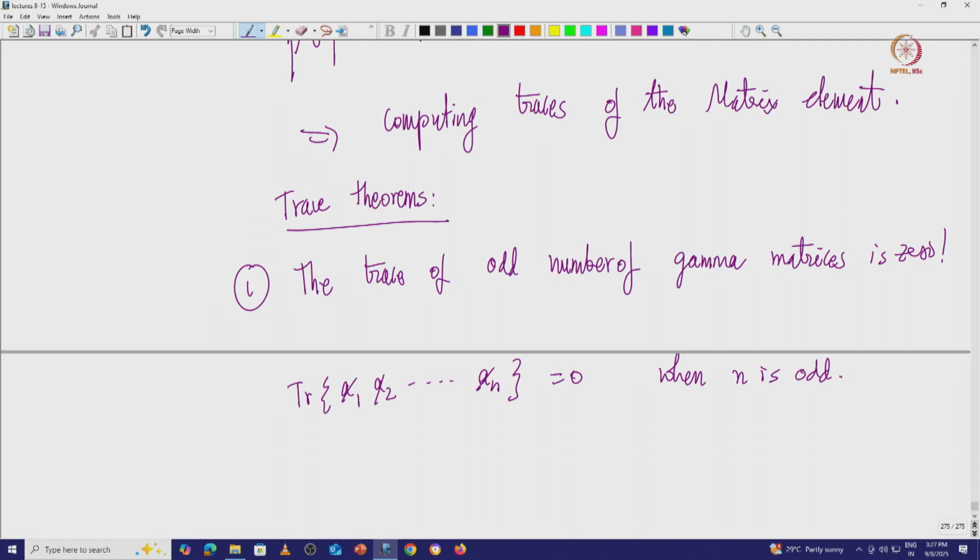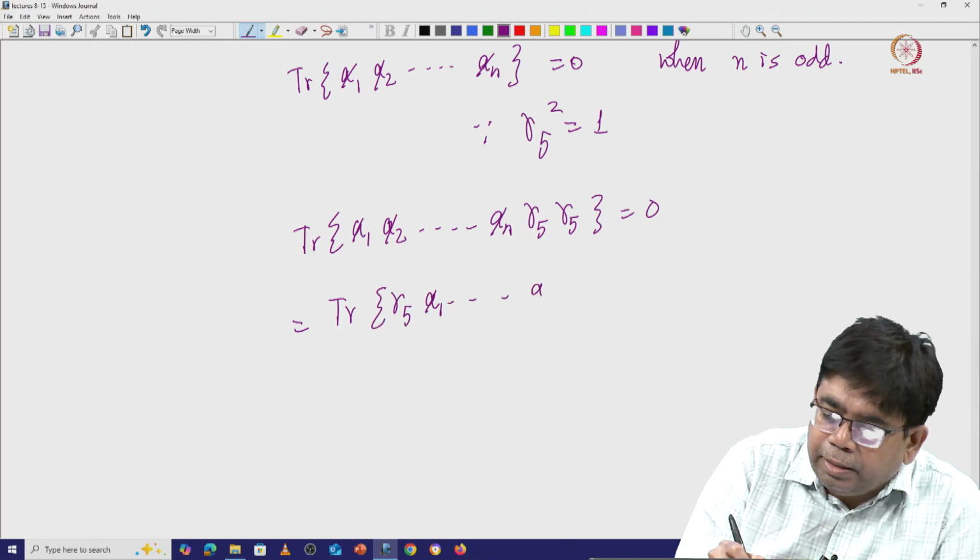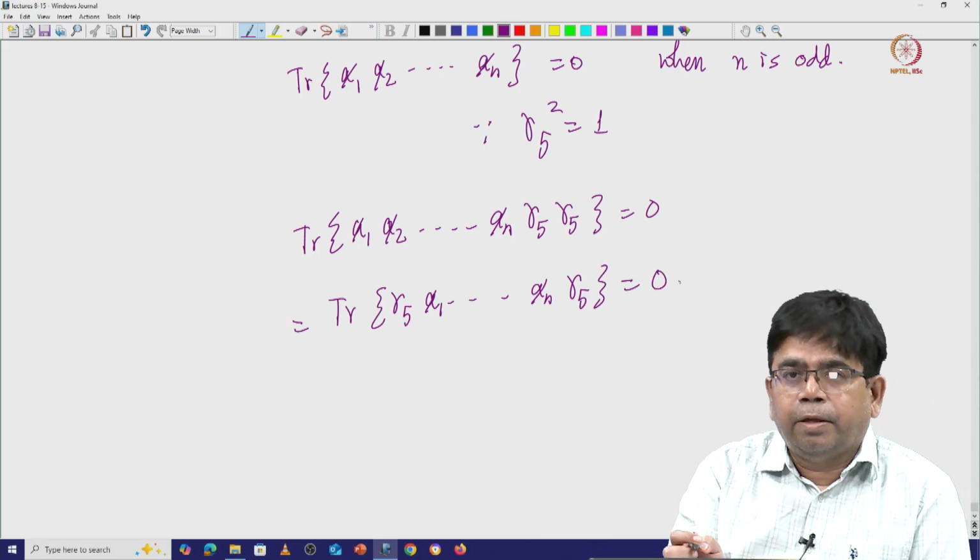Now you have the formula that, since gamma five squared is equal to 1, you can also modify this: trace of A1 slash A2 slash ... AN slash gamma five is equal to 0. This is equal to trace of gamma five A1 slash ... AN slash gamma five, equal to 0.